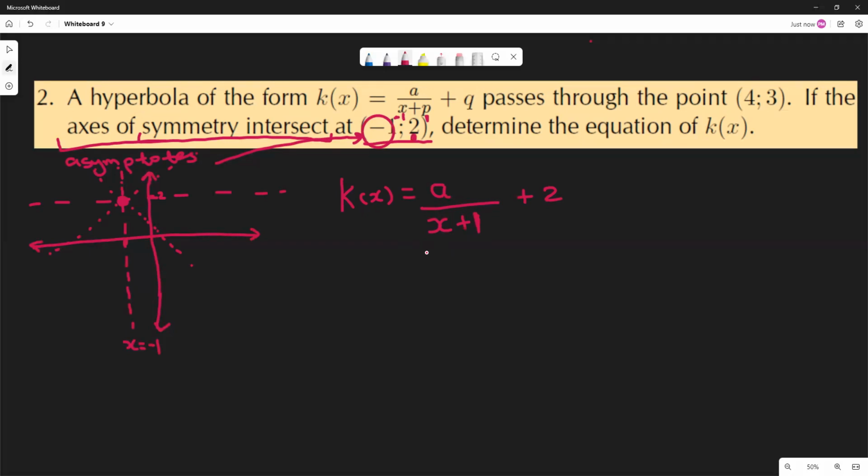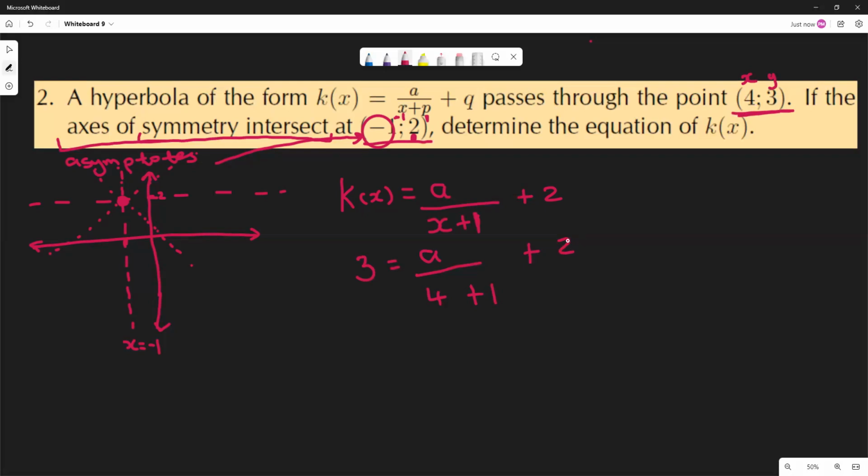Perfect. Now to get a, we're going to just take another random point on the graph, which is that. So this is your x, that's your y. So k of x, we replace it by 3, because k of x is y. So 3 equals a over (4 plus 1), plus 2.